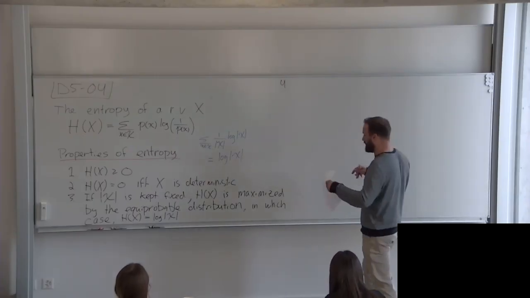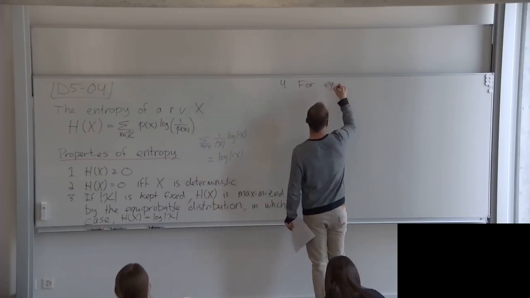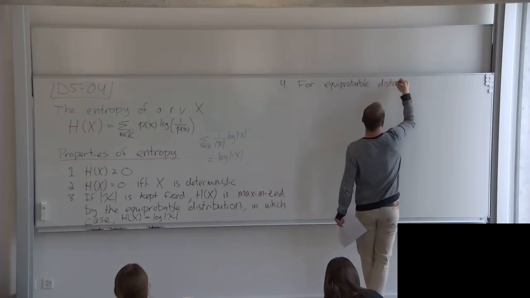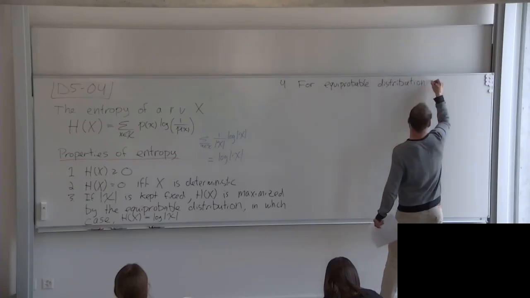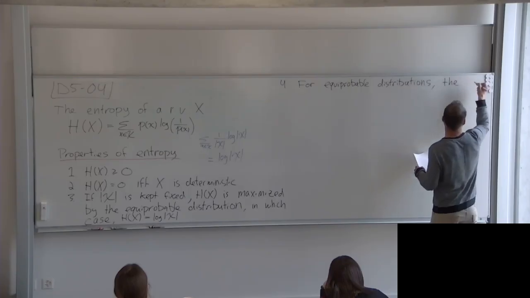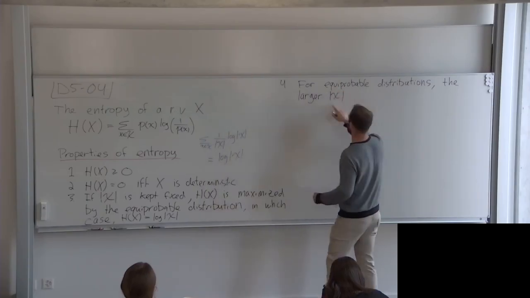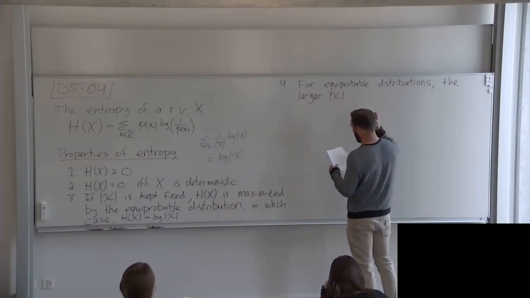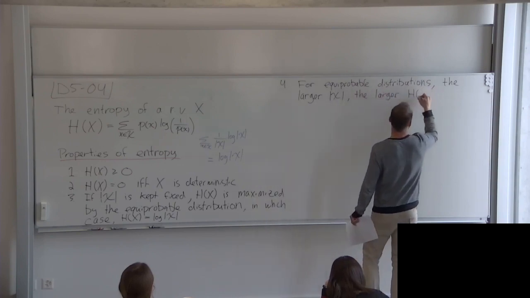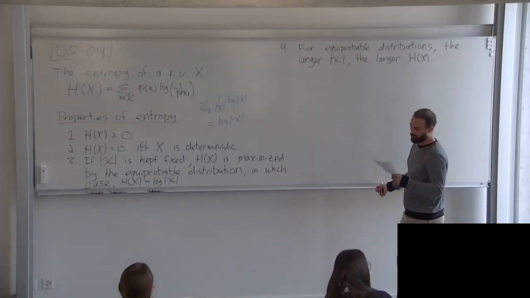If we fix that we only have equiprobable distributions, the larger the size of cal X, the larger H of X. Right?